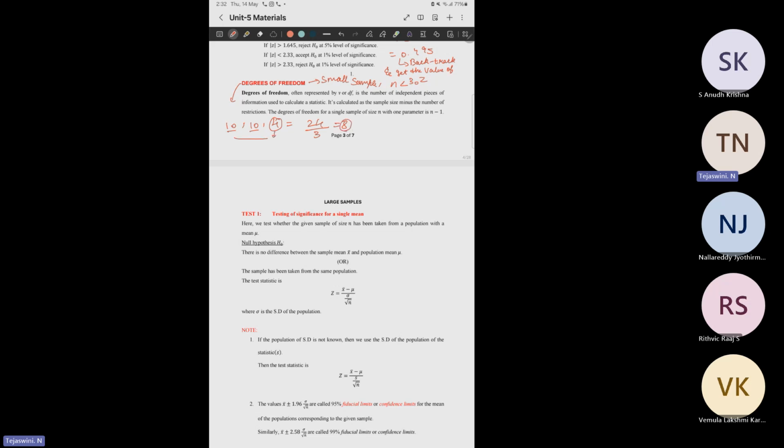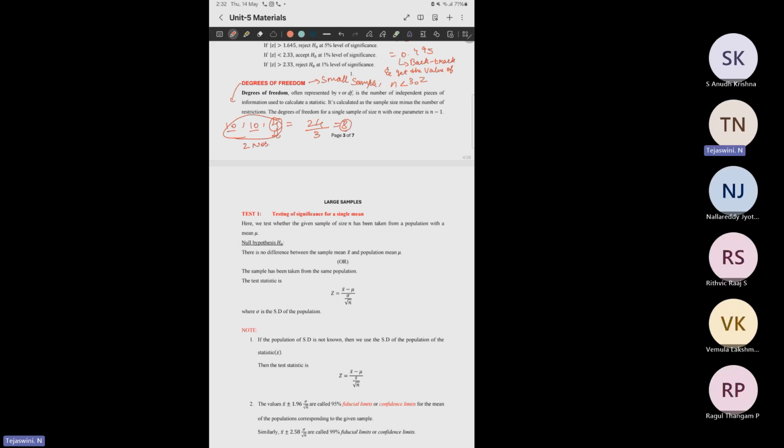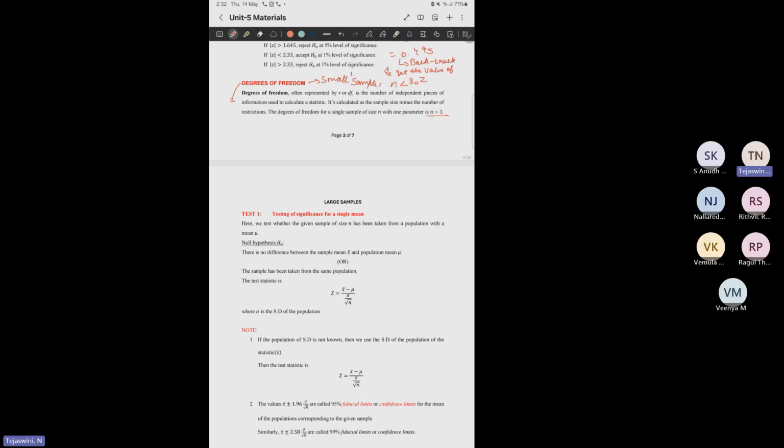That is, in these three numbers, two numbers can change, and according to them, one more number will be fixed. This is called degree of freedom. Here, the degree of freedom for this sample is 2. So the formula for degree of freedom is n minus 1, where n is the sample size.